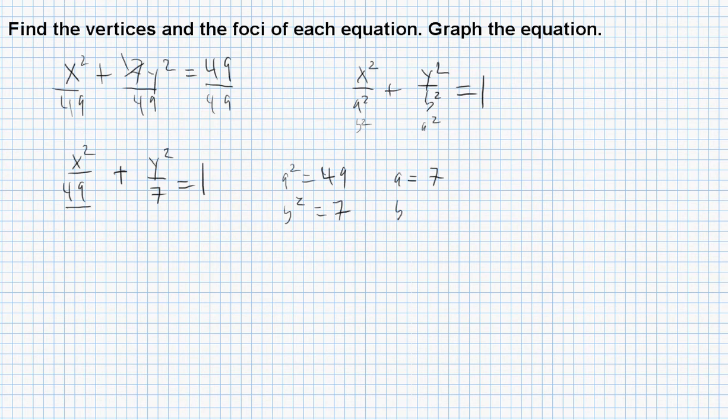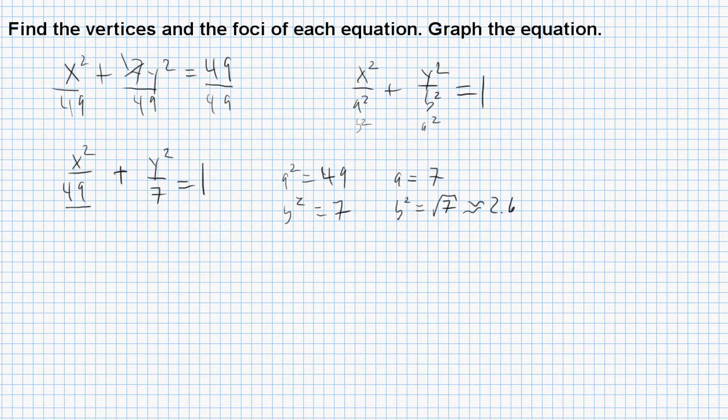And b is the square root of 7, which according to my calculator is just about 2.6. So that gives us the distance in the minor axis direction.